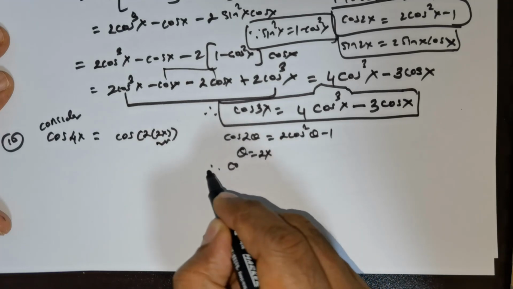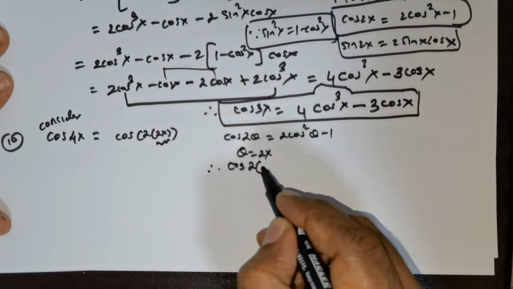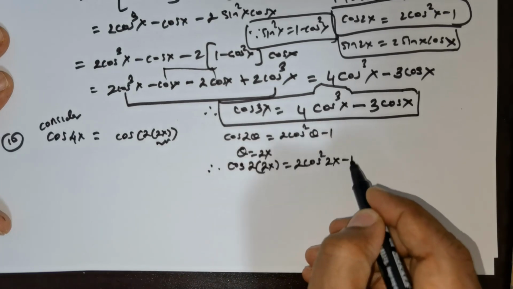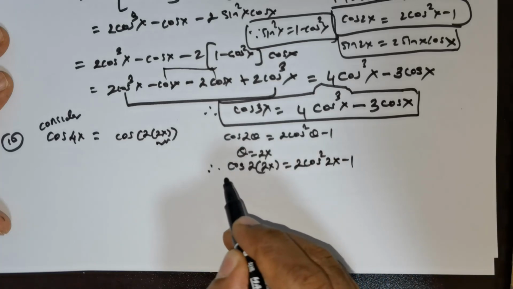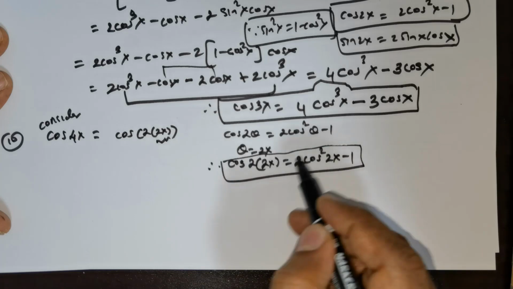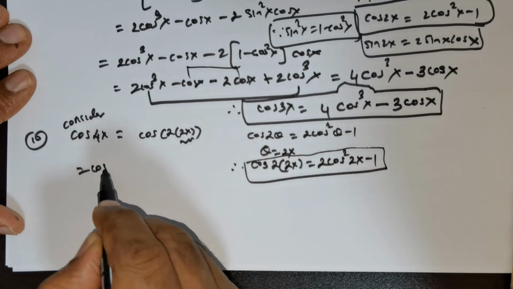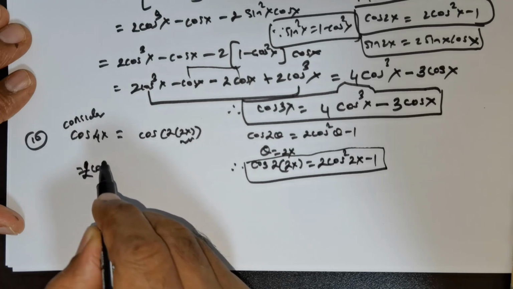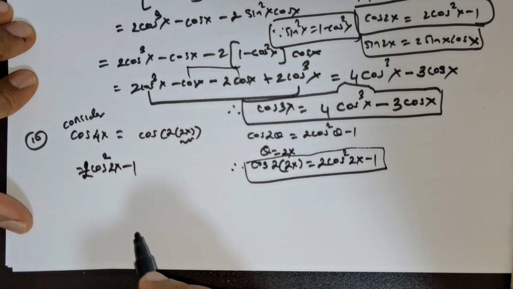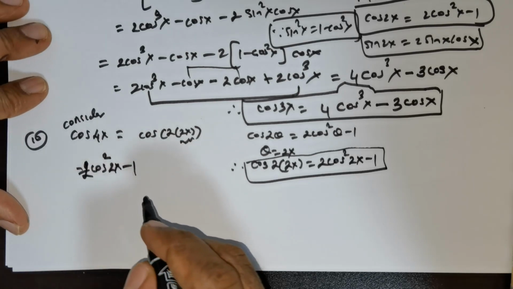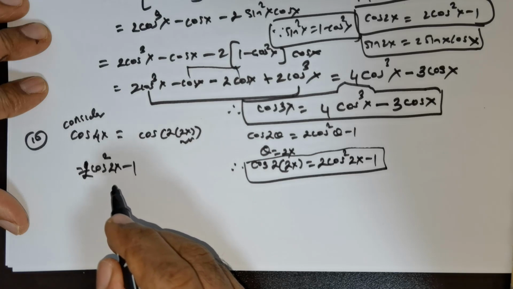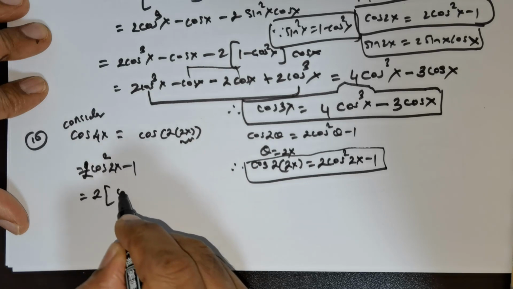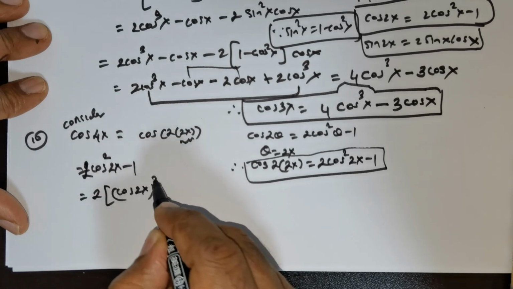So that would mean therefore cos of 2 times 2x is equal to 2 times cos squared 2x minus 1. So in place of cos 2 of 2x I will be substituting the quantity on the right side. So this is equal to 2 times cos squared 2x minus 1. Okay, so that is what we've got. Now what I'm going to do is I would have to break this as 2 times cos 2x raised to the power of 2, minus 1.